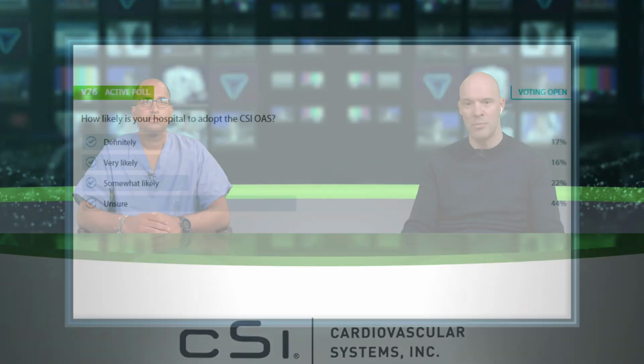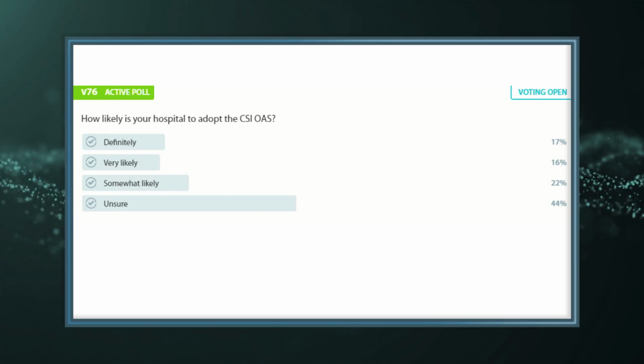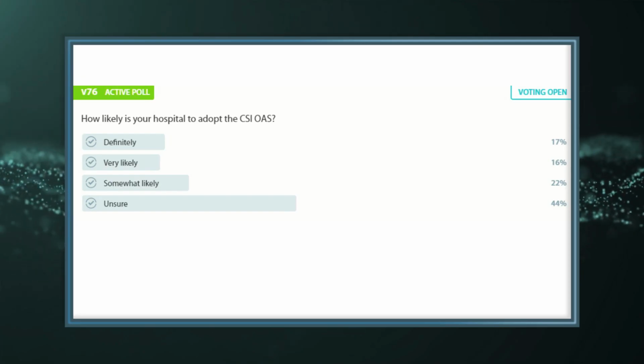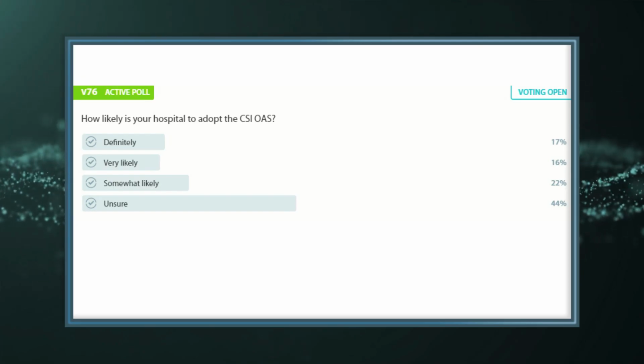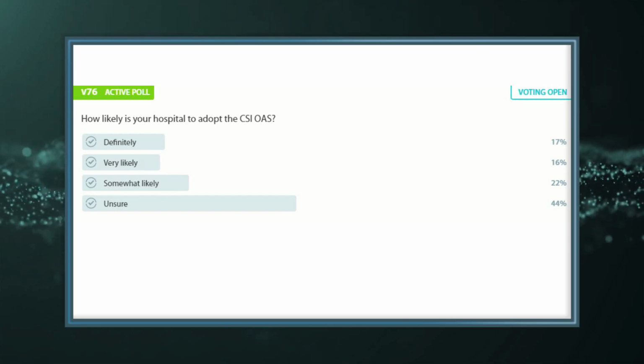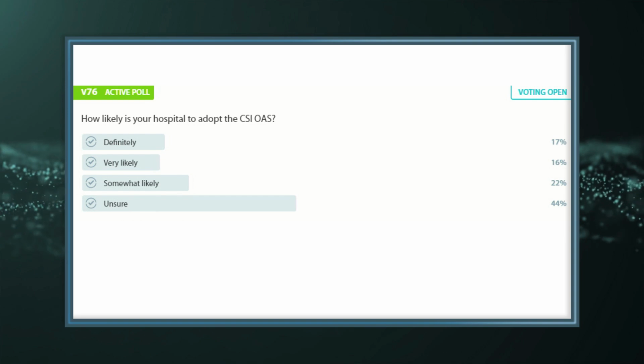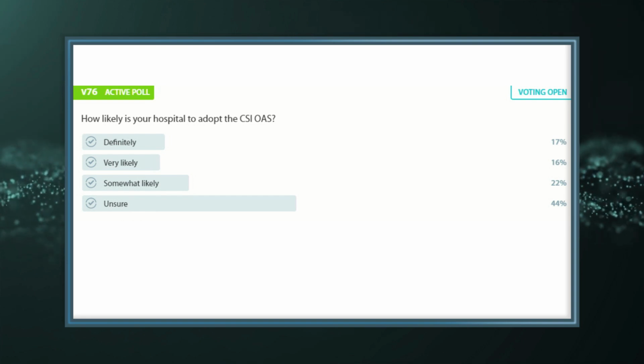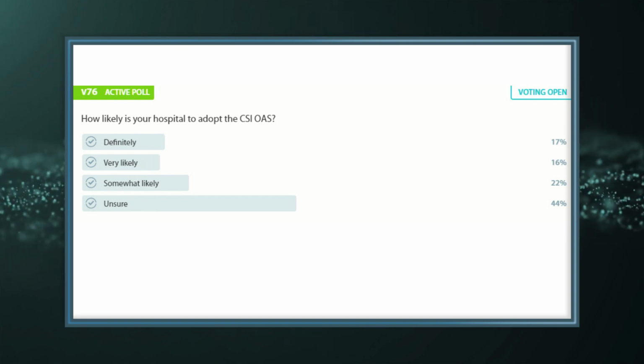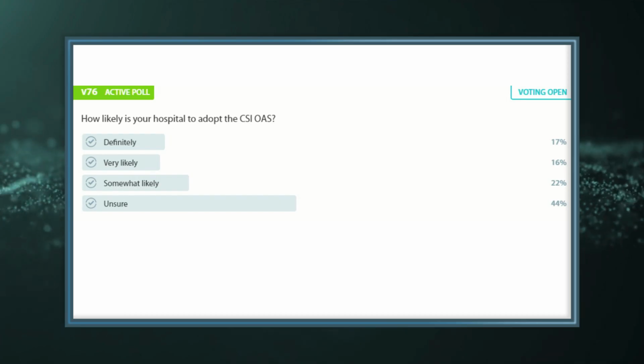And what about the second poll question? Would the hospital consider acquiring this technology and put this technology on the shelf? Can we see the results of that poll? Unsure in 44%, and I think this is also because we are living in this pandemic. It's very difficult to oversee future investments, but 17% definitely, and 16% very likely.